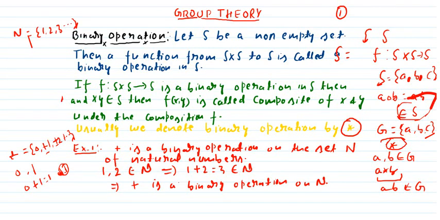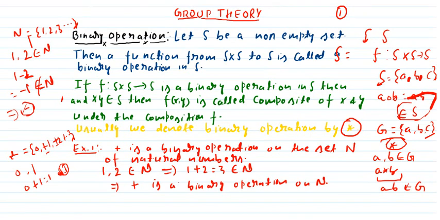Suppose I take 1 and 2, which belong to the natural numbers. To check if minus is a binary operation on N or not, I subtract 1 minus 2, and it will be minus 1. We know that minus 1 is not a natural number, so minus 1 does not belong to N. This implies minus is not a binary operation on the set of natural numbers.